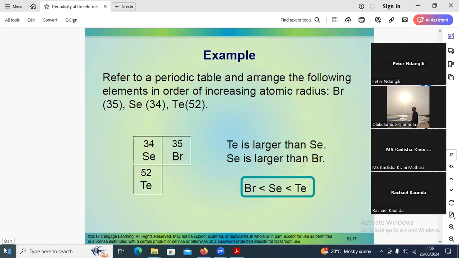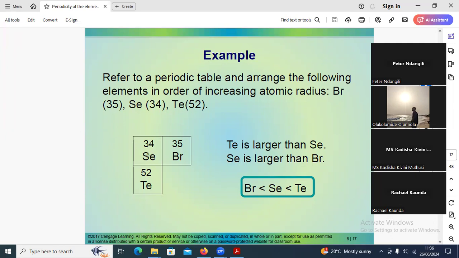We do have an example that we can use to explain that. Refer to the periodic table and arrange the following elements in order of increasing atomic radius. You can actually give this without referring to the periodic table, because what you need to ask yourself is, you have selenium here and tellurium.